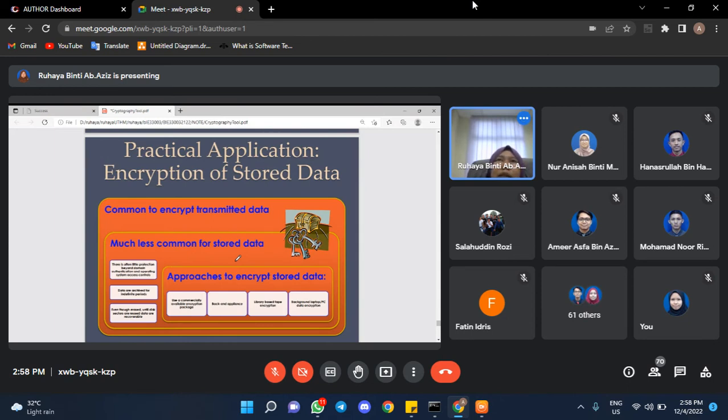like what I said, the concept of software engineering security should be balanced. Any tools, any method or any algorithm that you are going to apply in your systems must be balanced.